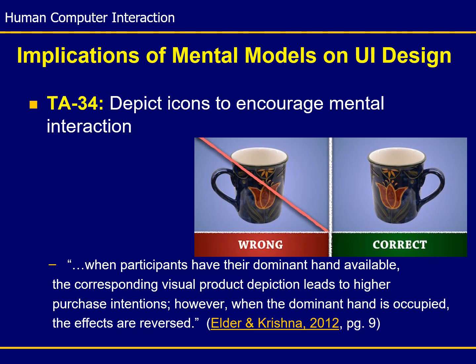For example, if you would like to encourage the user to interact and respond to what is being displayed, make sure that the icons and images are encouraging the interaction. There has been an experiment I'm reporting here by Elder and Krishna. I've linked the paper that did this: even displaying a cup with the wrong orientation affects the interaction.